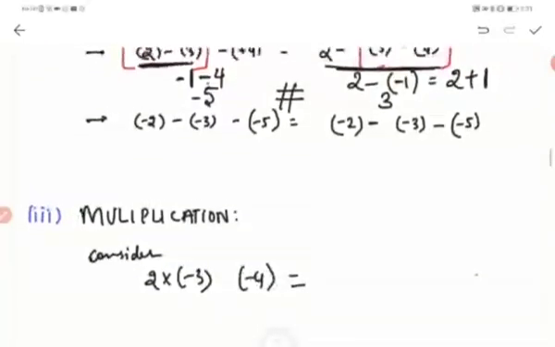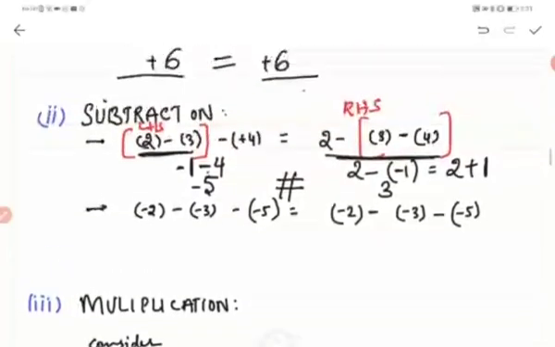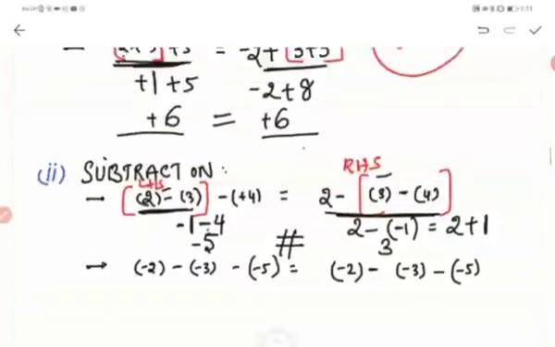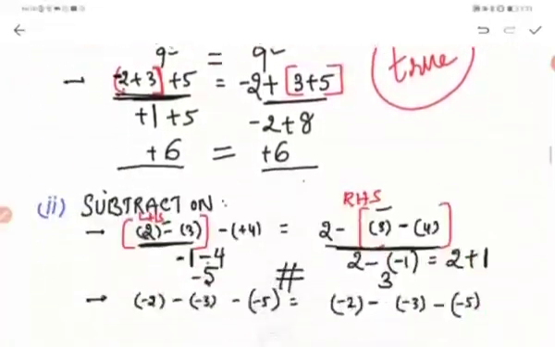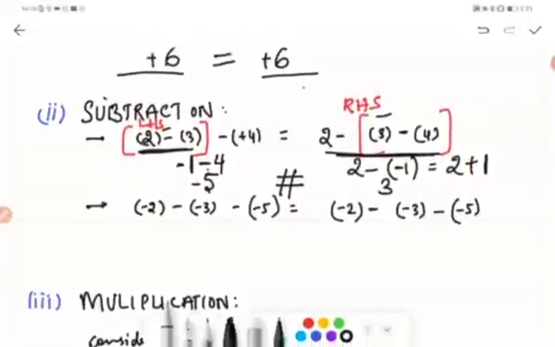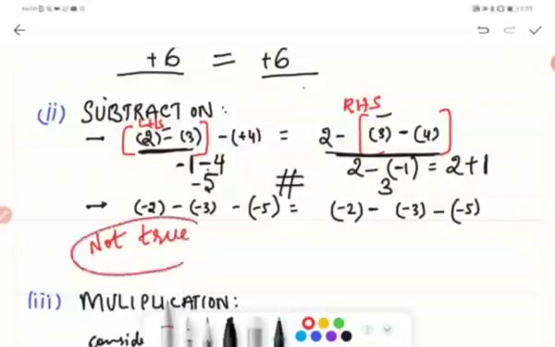Okay, so now you have a scenario in which LHS is not equal to RHS. That means it's obvious that subtraction is not associative for integers. So we can say this is not true, not associative.